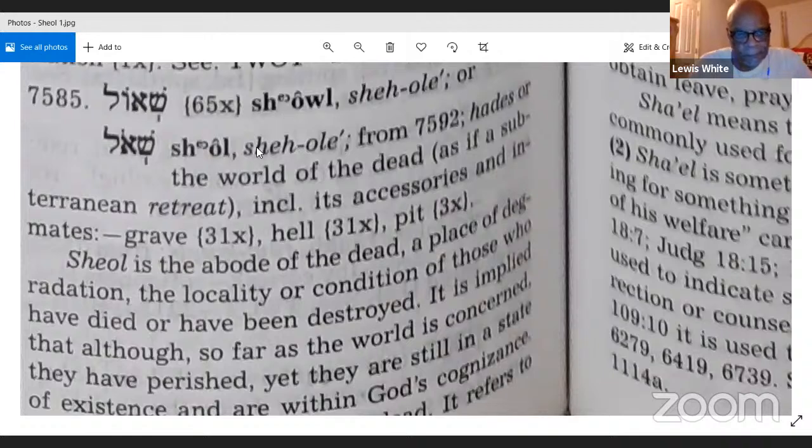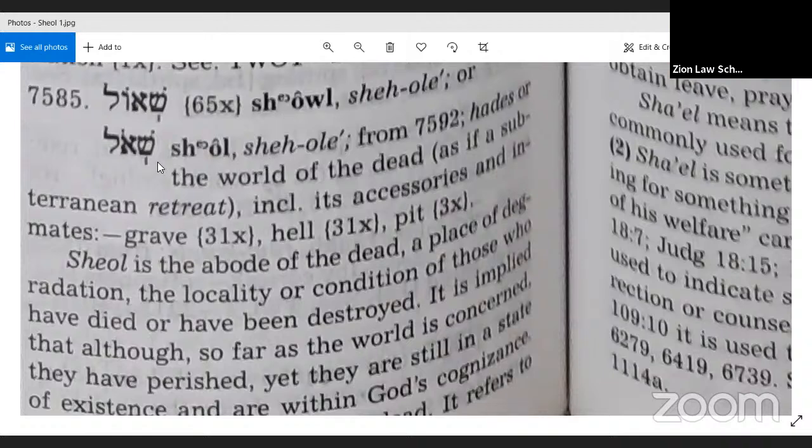So first thing we'll do is begin with the reading of the first line. It says from 7592, as we deal in the course on the Saturday class, we need to go back and look at the meaning of 7592. We'll do it again.